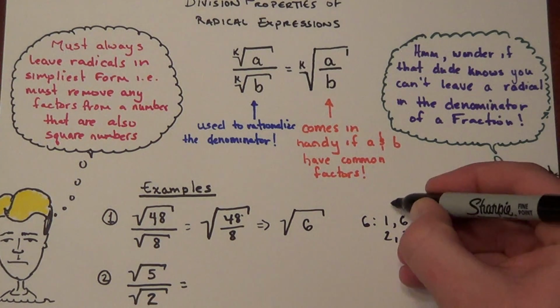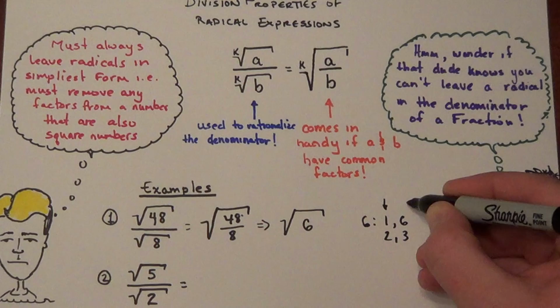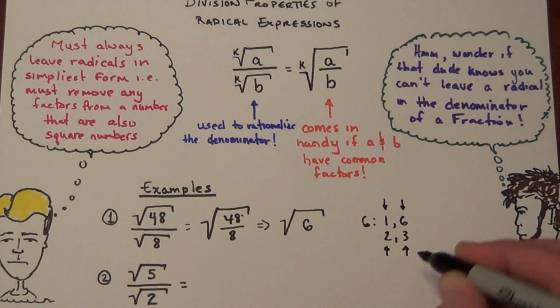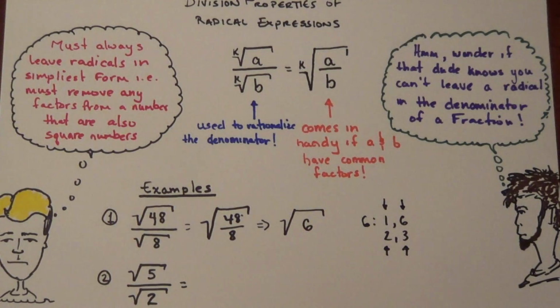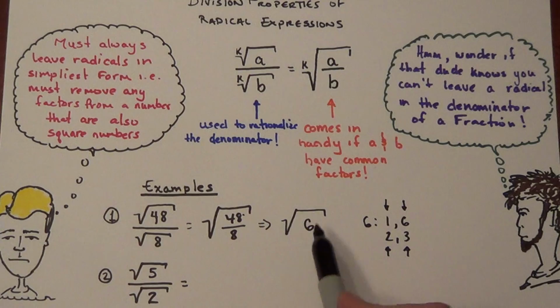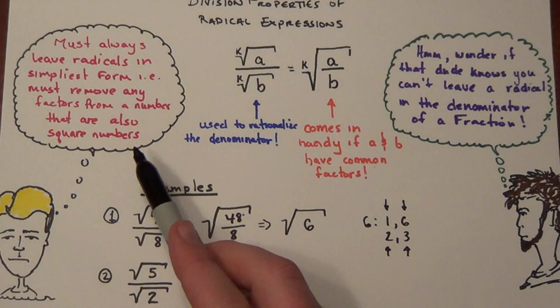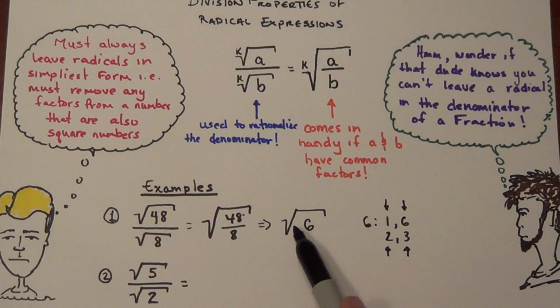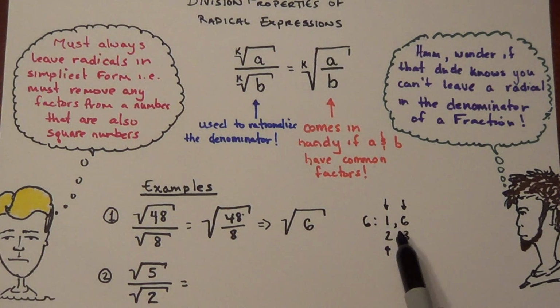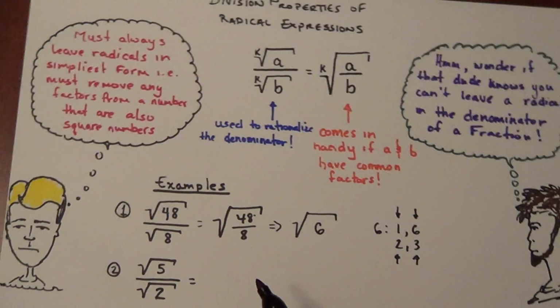So, none of these numbers are square numbers. 1 is not a square number, 6 is not a square number, 2 is not a square number, and 3 is not a square number either. So, I can't reduce this anymore because remember, any factor that is a square number, if I'm talking about a square root, must be removed from this radical. And in this case, no factors are square numbers, so this is now complete.